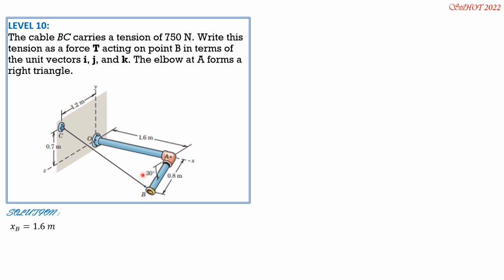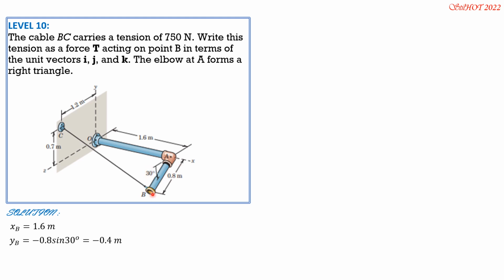YA is below the XZ plane by this amount. It is 0.8 sine 30, so negative 0.8 sine of 30 degrees from this horizontal plane, XZ plane. The hypotenuse is 0.8 and this is the angle, so negative 0.4.